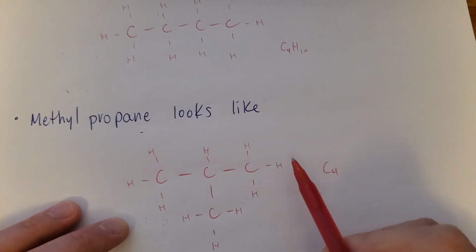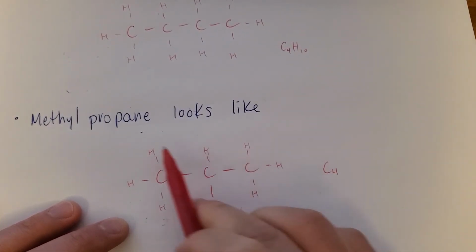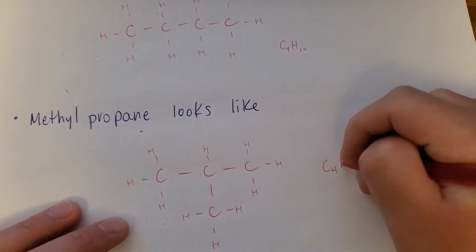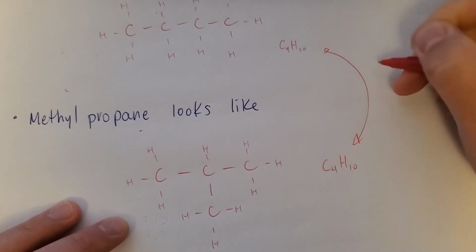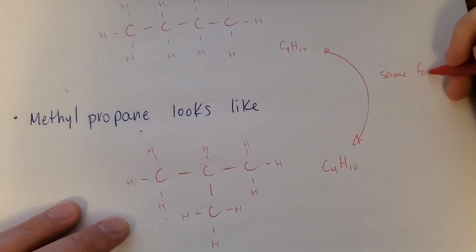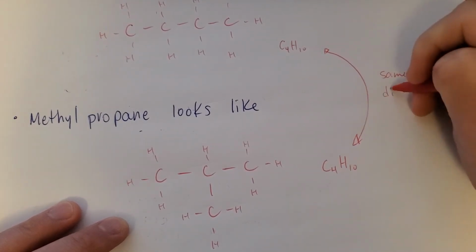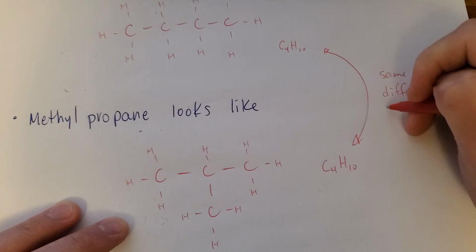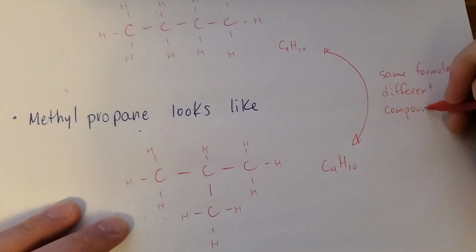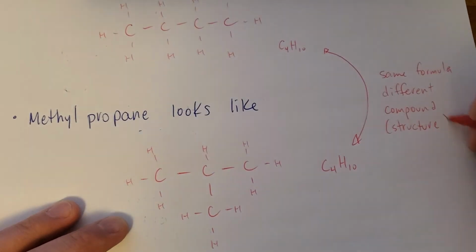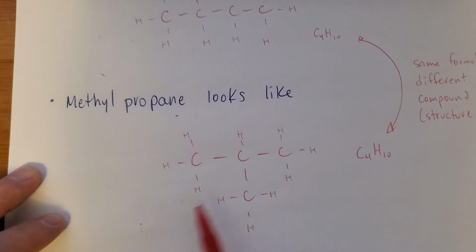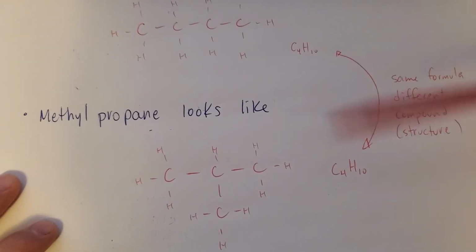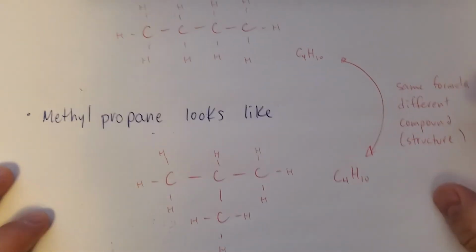There's 4 carbons. 1, 2, 3, 4, 5, 6, 7, 8, 9, 10 hydrogens. These are structural isomers. Same formula, but they are different compounds. Different structures. That means they have different properties. All right, so we have to name this butane. This is methylpropane. You can't just call it C4H10 because they are different.